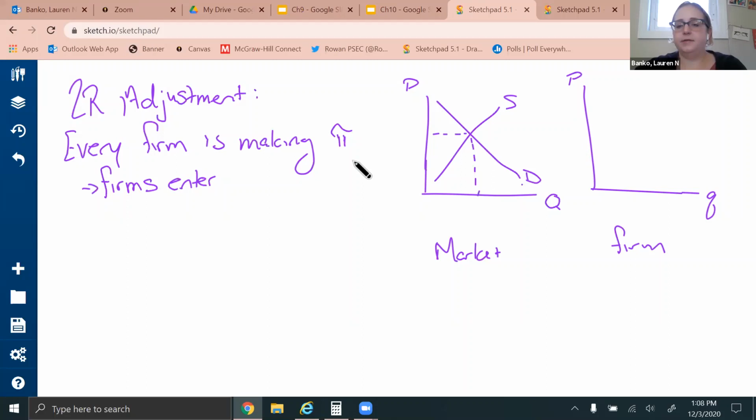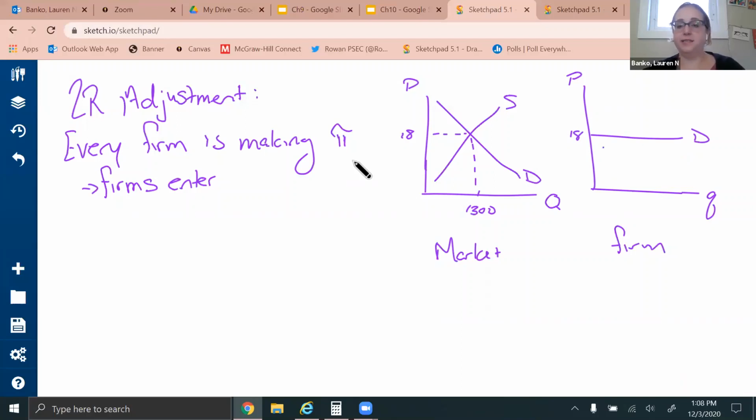And this is the entire quantity, which was 1,300, and the price was 18 that we found. Remember, each firm is a price taker. So they're going to take this price of 18, and that's what they have to sell their product for.